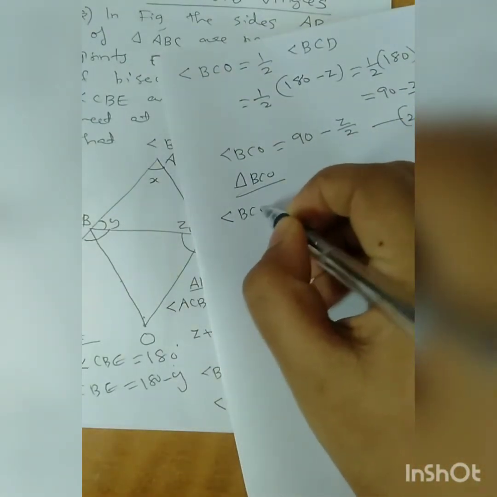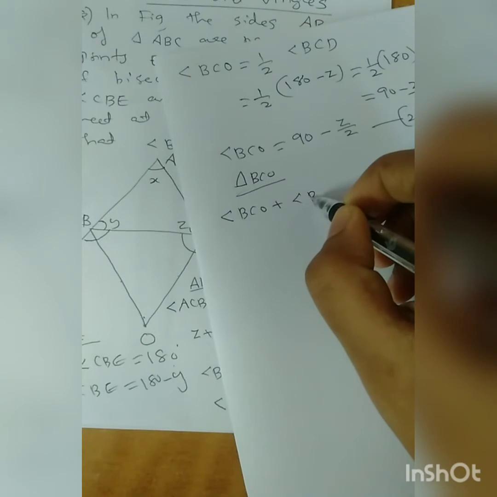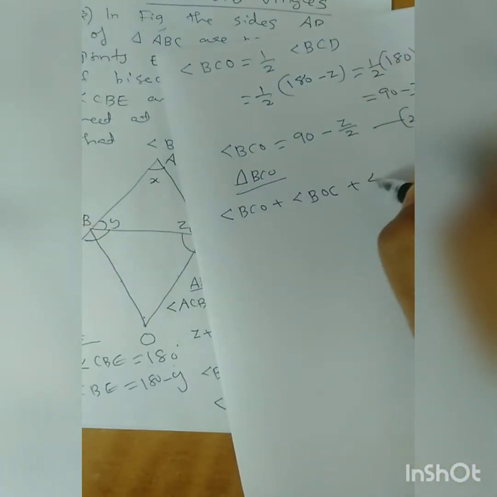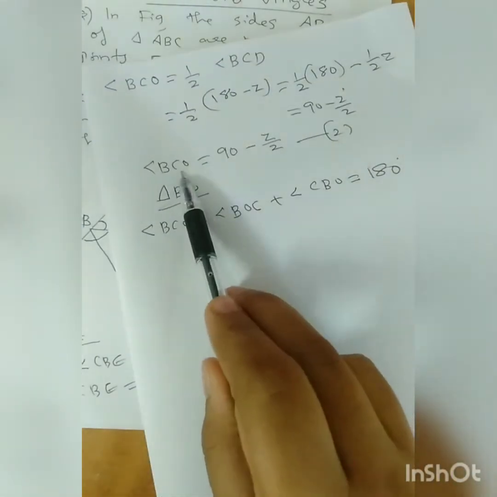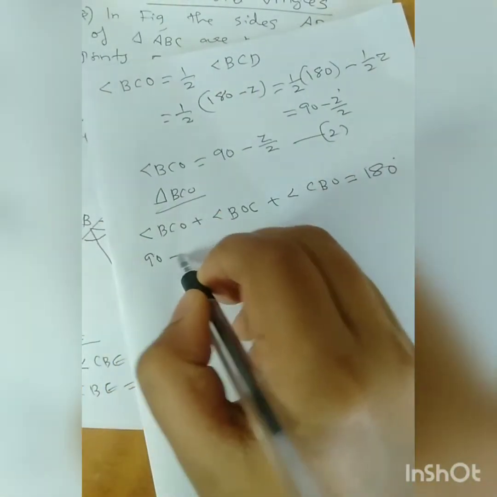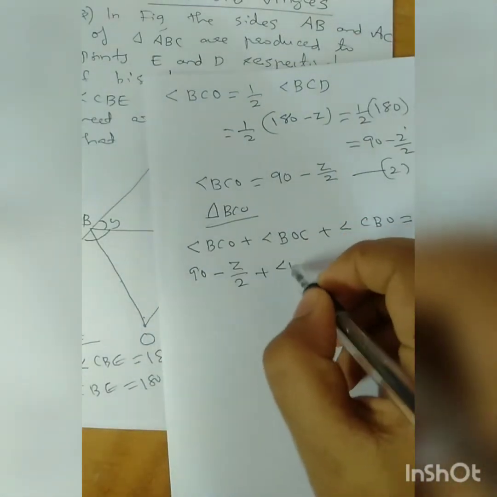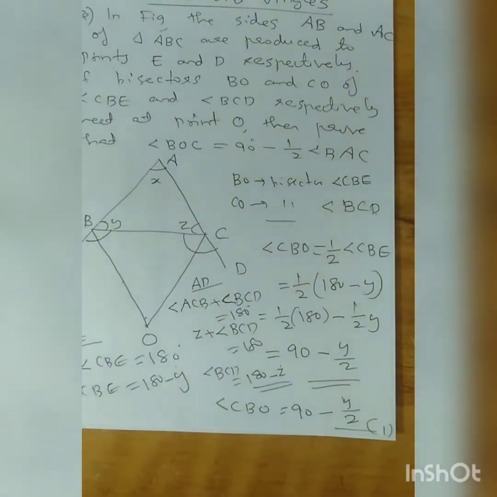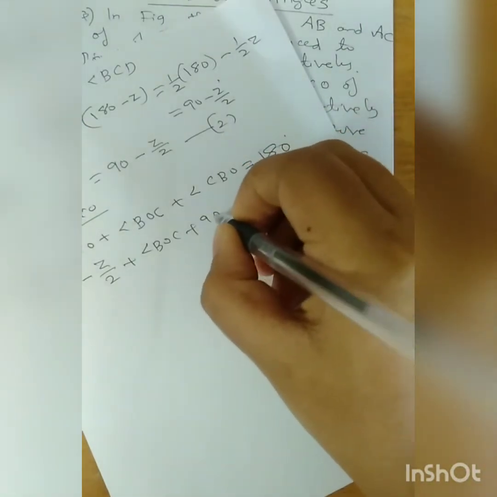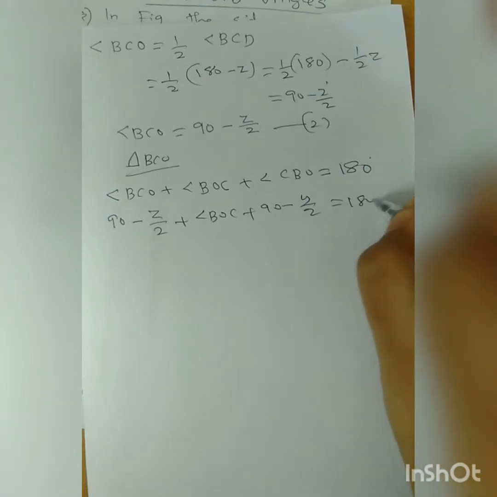Angle BCO is 90 minus Z by 2, plus angle BOC, plus angle CBO which is 90 minus Y by 2, is equal to 180 degree.